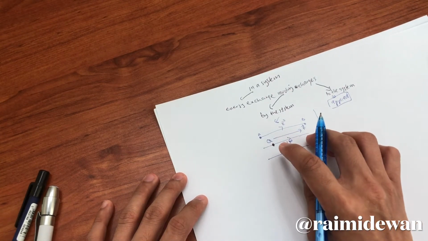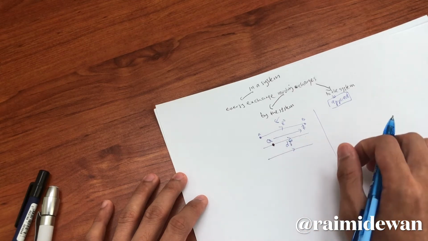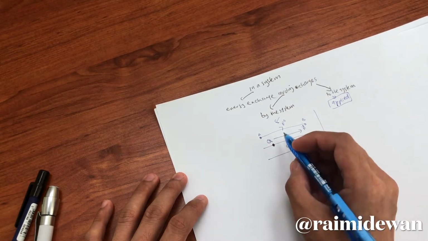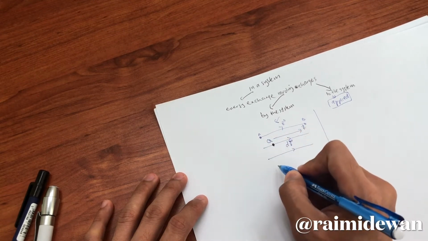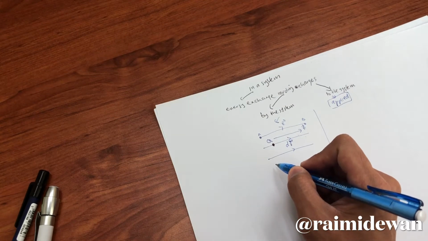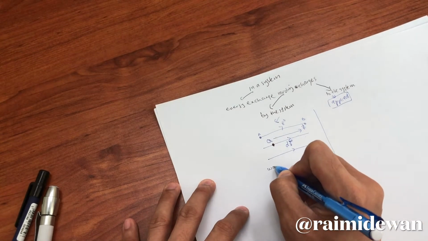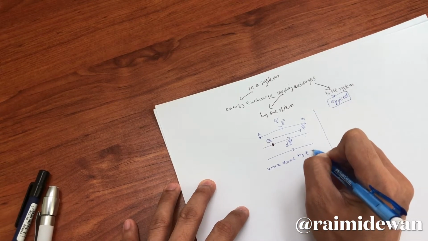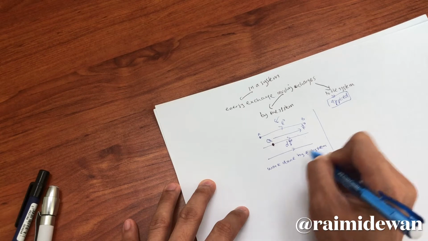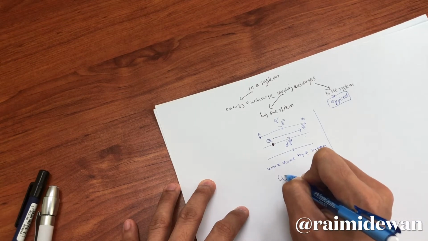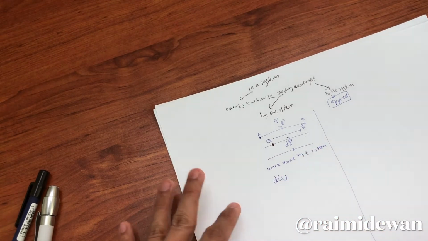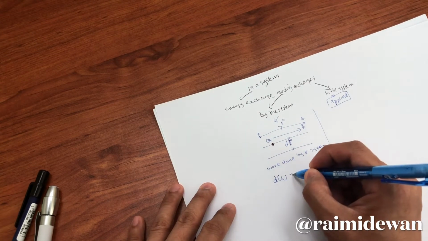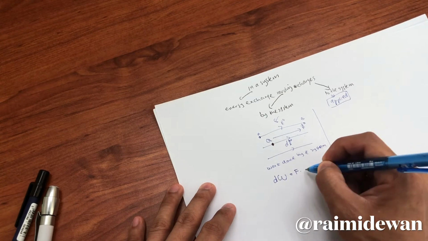The small work done by the system, experienced by the Q, dW equals F dot dl.